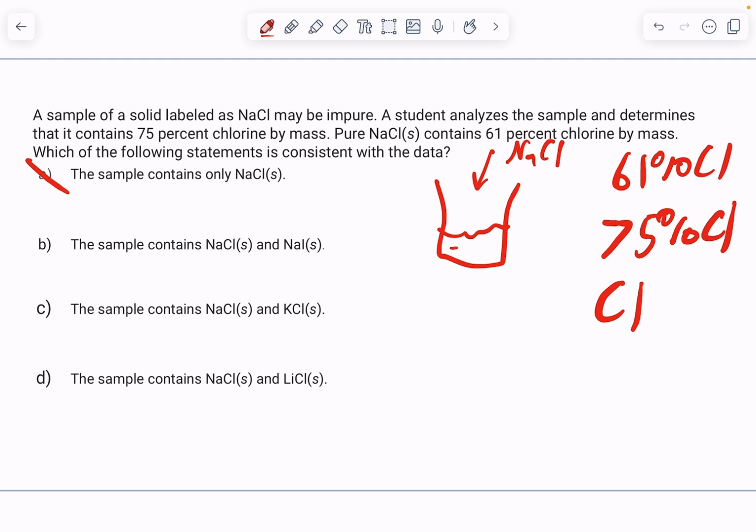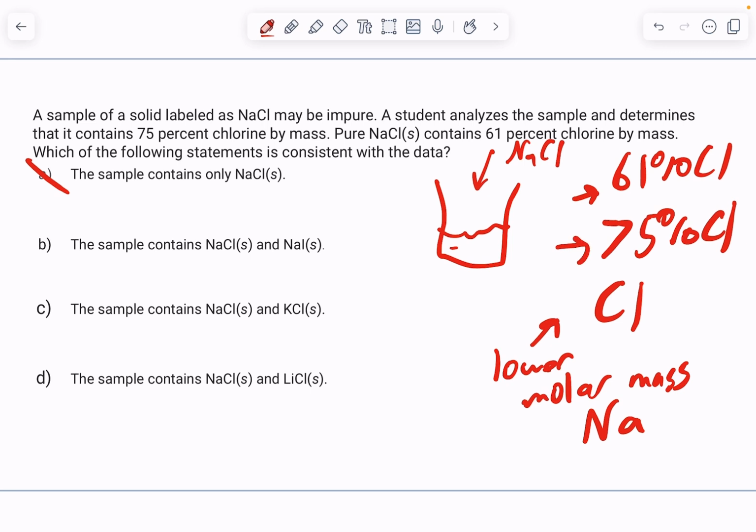So we're looking for something that's bonded to the chlorine that has a lower molar mass than Na. If it had a higher molar mass than Na, then the chlorine percentage should be lower than 61%, but that's not what we're getting. We're getting something with a higher percentage of chlorine by mass, so that means there's a lower molar mass on whatever is bonded to it or with it.